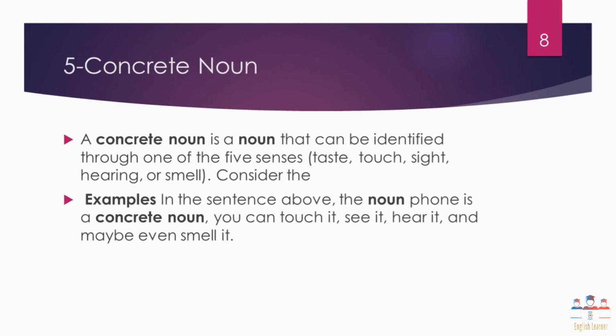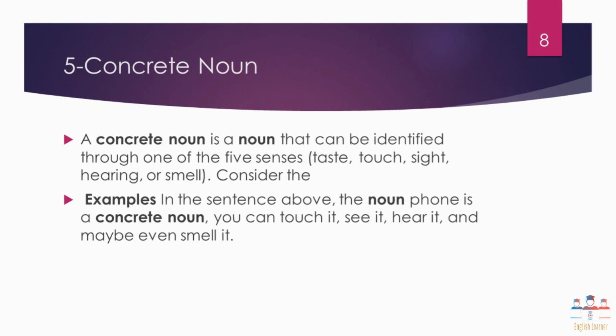Next is concrete noun. As the name indicates, a concrete noun means a noun which is in a solid form. It means it can be identified through one of the five senses. The five senses are: you can taste it, touch it, see it, hear it, or smell it.